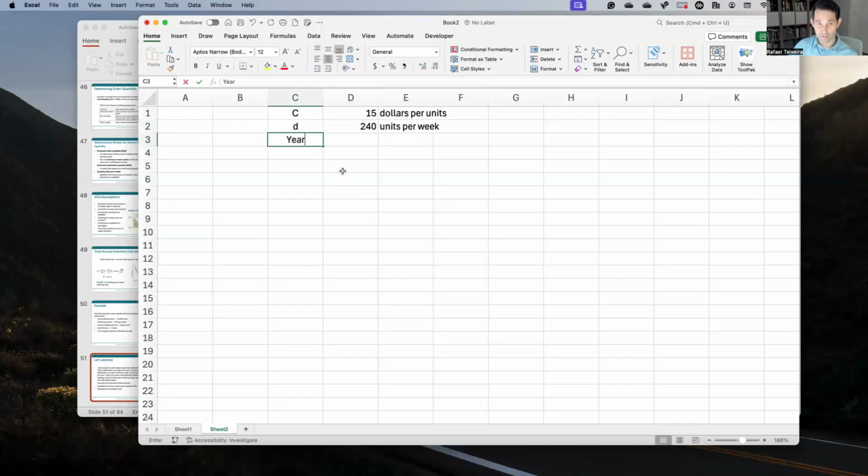The problem is telling us the year has 52 weeks because now we have to compute the uppercase D. I know the weekly demand and I operate 52 weeks, so my annual demand is everything I sell per week times the number of weeks per year. That's my units per year, my annual demand.